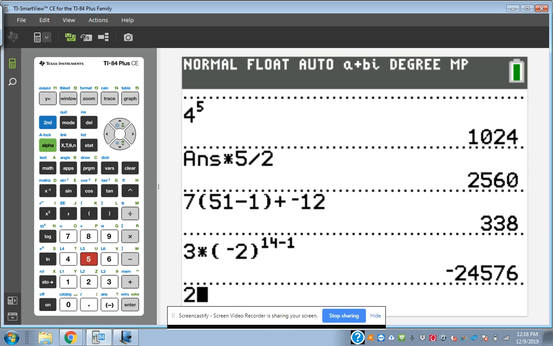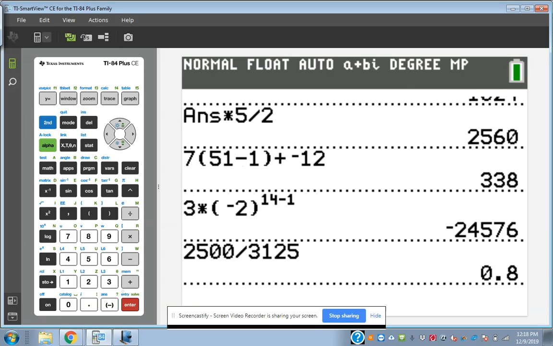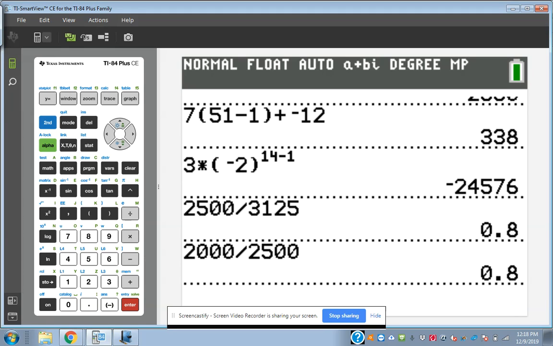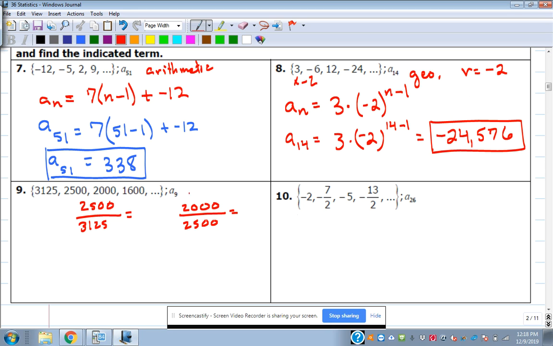So 2,500 divided by 3,125 is 0.8, and 2,000 divided by 2,500 is 0.8. It's the same. So my common ratio is going to be 4/5. That's the fraction for the decimal 0.8. Okay, so that's our common ratio. Geometric, r is equal to 4/5.